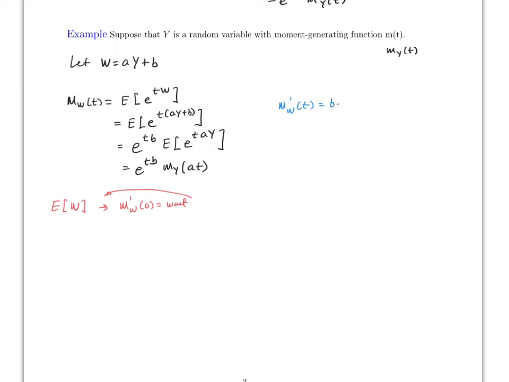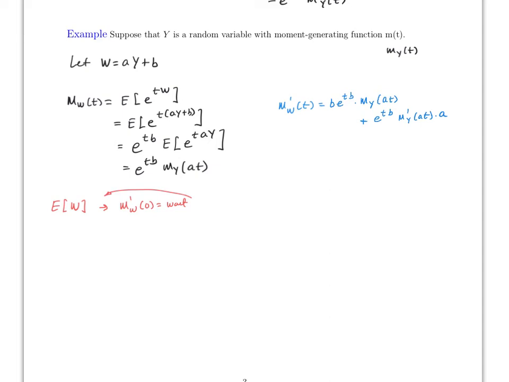So it will be b e to the tb times the moment generating function of at plus e to the tb times m y prime of at times a by the chain rule.